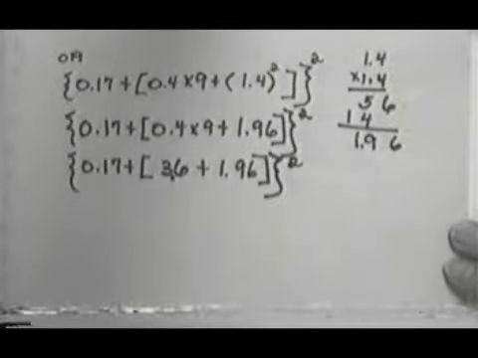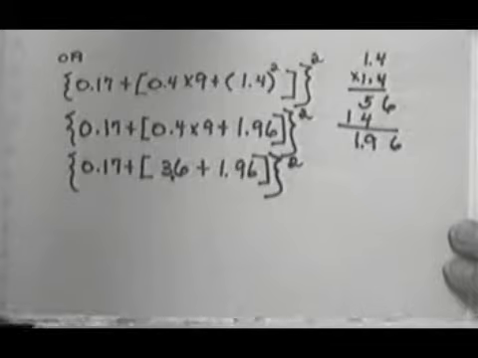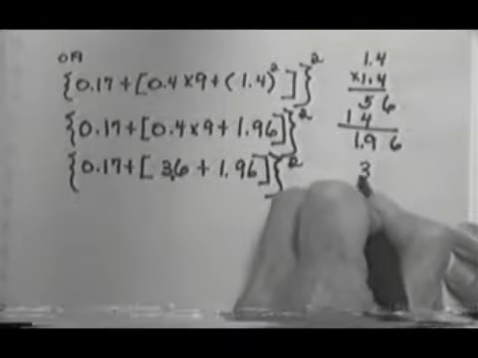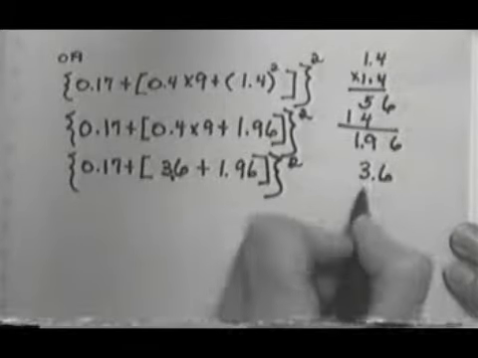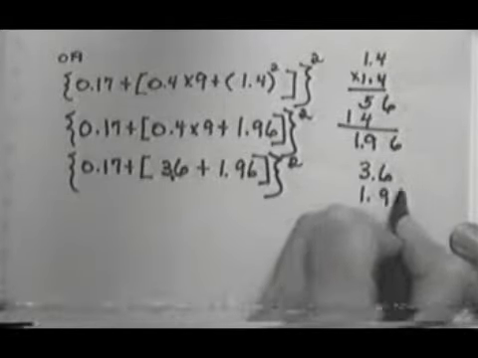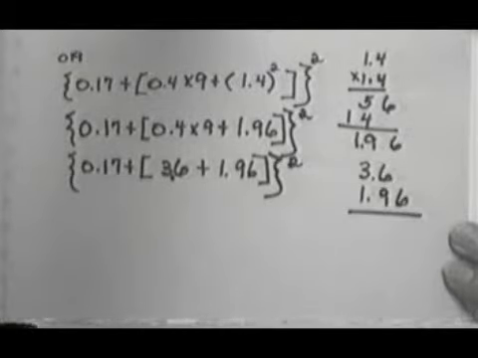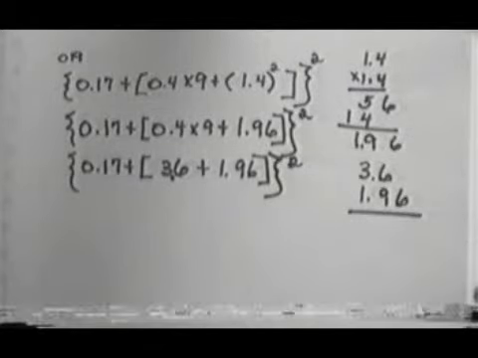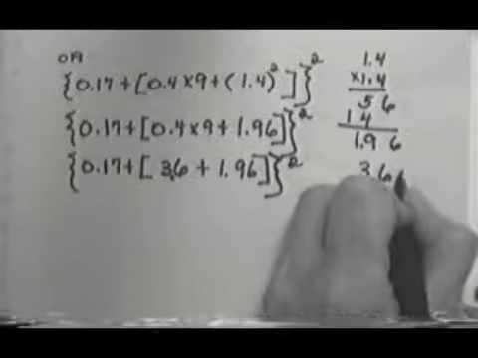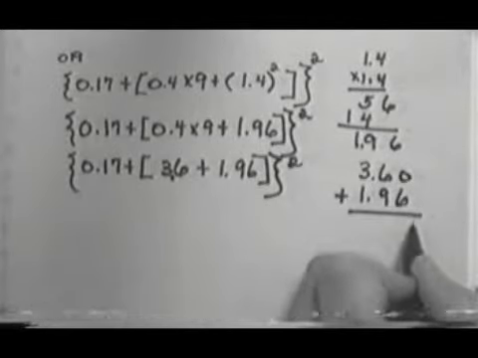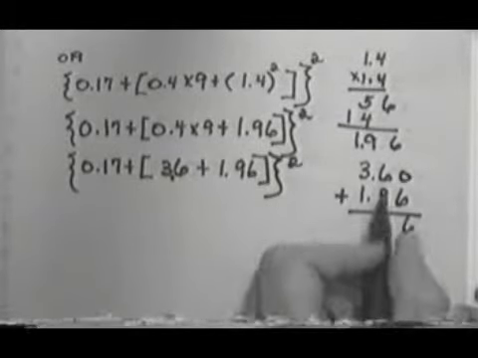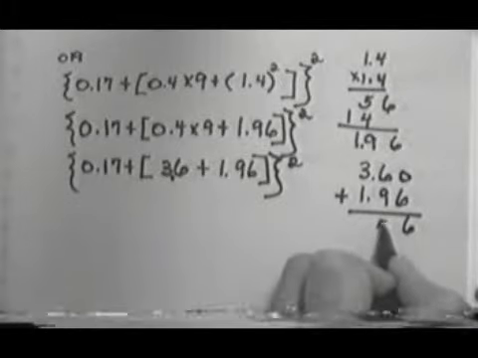Okay, I'm getting close to having the brackets finished. Because all I have left now in the brackets is some adding. So we'll come over here and add 3.6 and 1.96. Remember, line up your decimals. If you want to put this 0 in up here, you can. 0 plus 6 gives us 6. 6 plus 9 gives us 15.